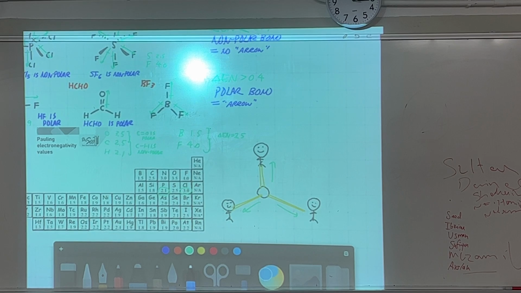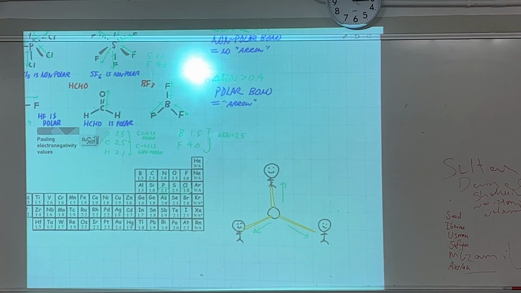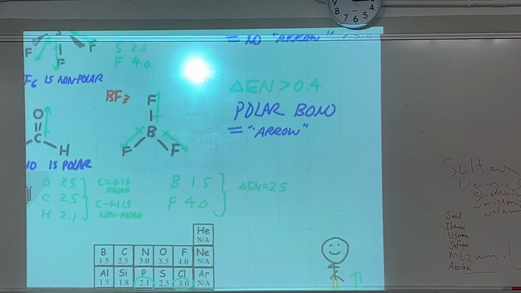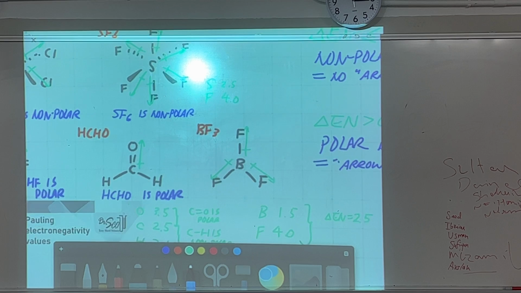This is the only way I can tell you why this is the case without going into some physics concept. Like Newton's law. So here, what is the conclusion? BF3 is non-polar. So do you all get task 1 and 2?